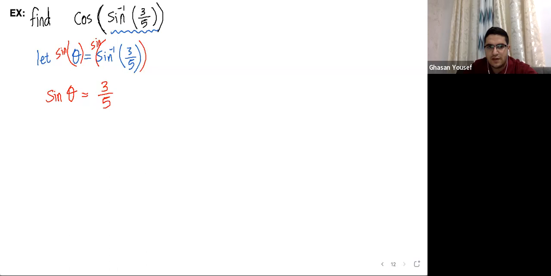Because the sine cancels the sine inverse. Sine of theta equals 3/5. What do you know about the sine? Is it the opposite over what? Over the hypotenuse. Opposite over the hypotenuse, correct.